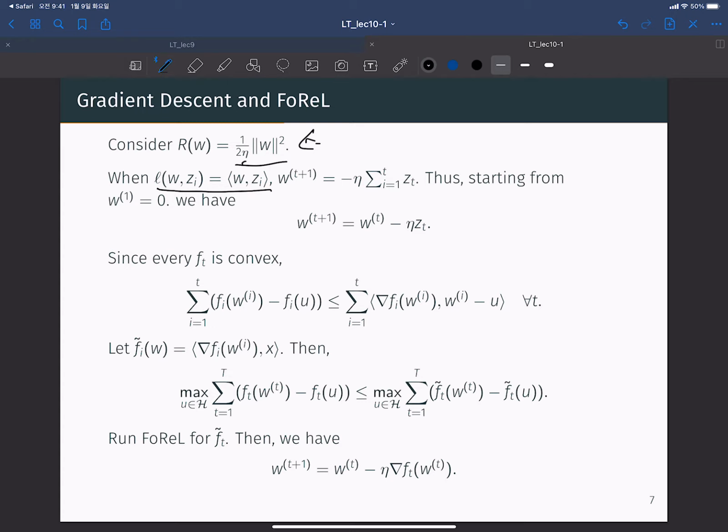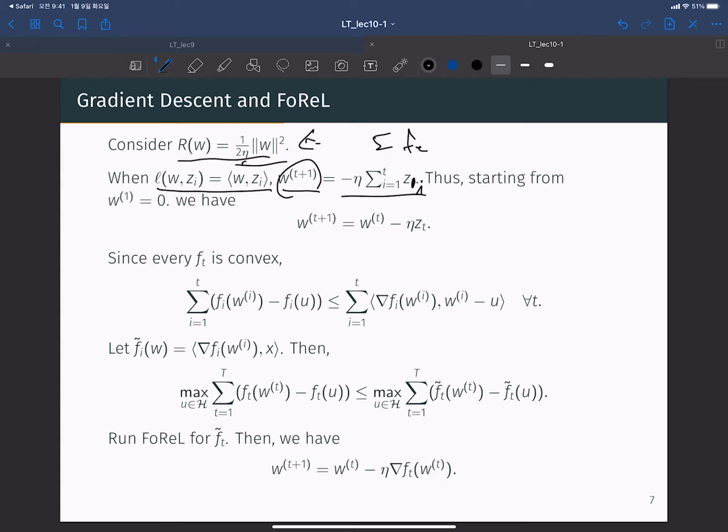Why? From the regularizer, w_{t+1} does not just optimize f_t or the sum of f_t. Instead, because of this regularizer, we have cumulative information of g_t, the sum of z_i from i=1 to t.